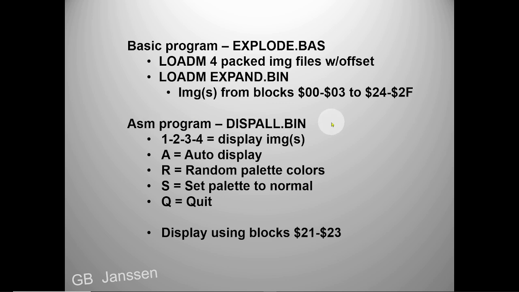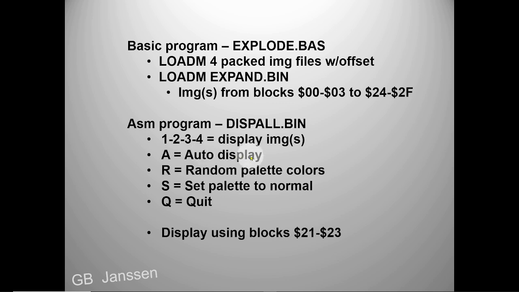Then we'll load a program called Display All, and there'll be a menu where you can do keyboard input 1, 2, 3, or 4, which will display either image 1, 2, 3, or 4. That's kind of simple. Then we're going to have an auto display, which is going to actually do some manipulation of all the screen blocks, which is really what this lesson is about.